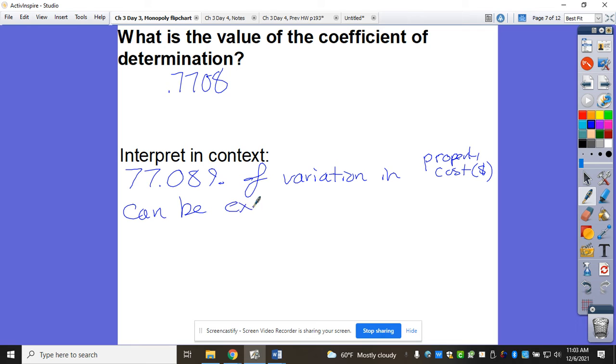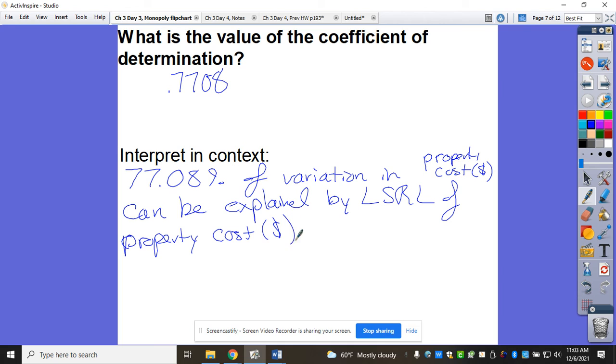Can be explained. Property cost. On spaces of go. A number of spaces.